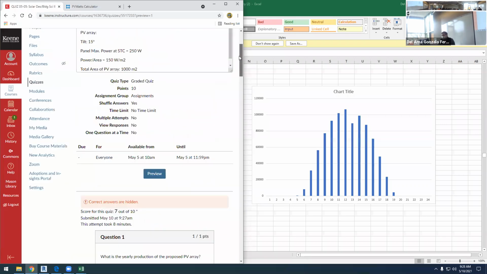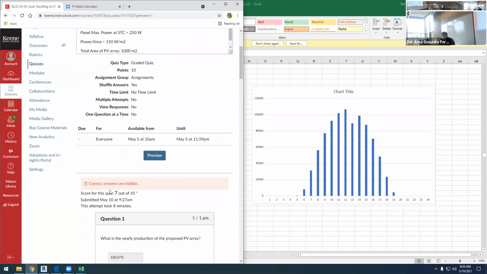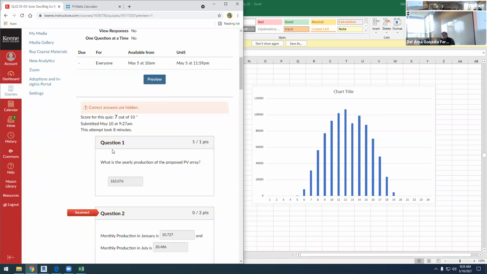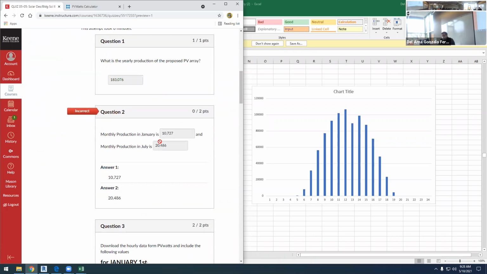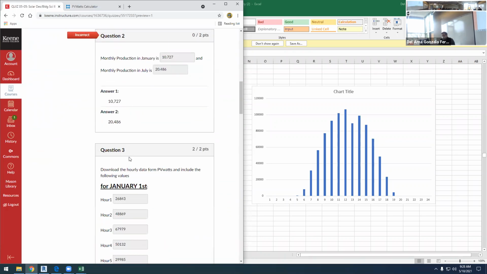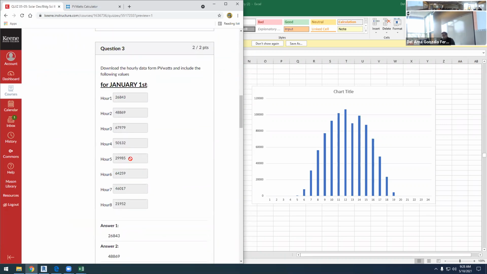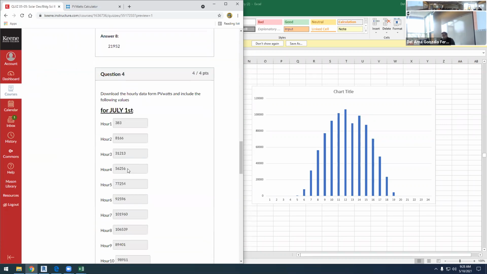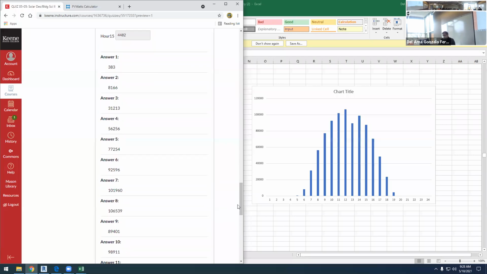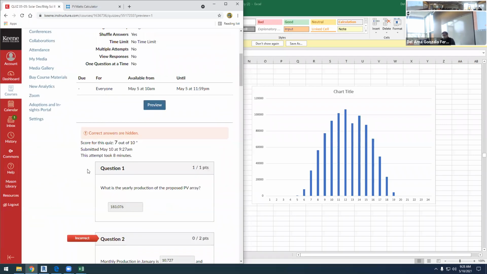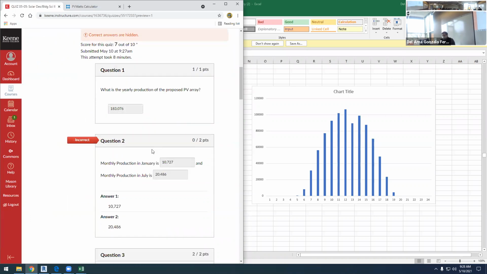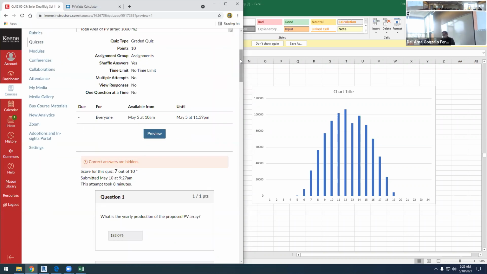Anyway, I'll check this because the rest of the answers are correct. But maybe I made a mistake when I was copying and pasting these options. Or this is a comma. Yeah. Oh, I'll check it. Yes, it's correct.